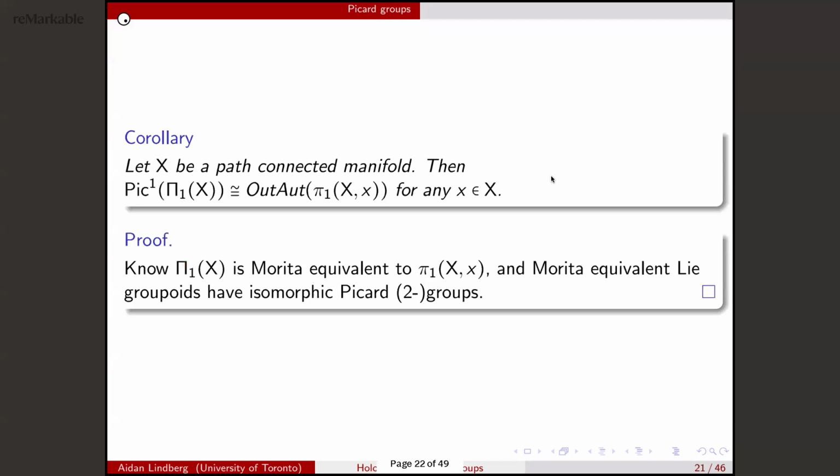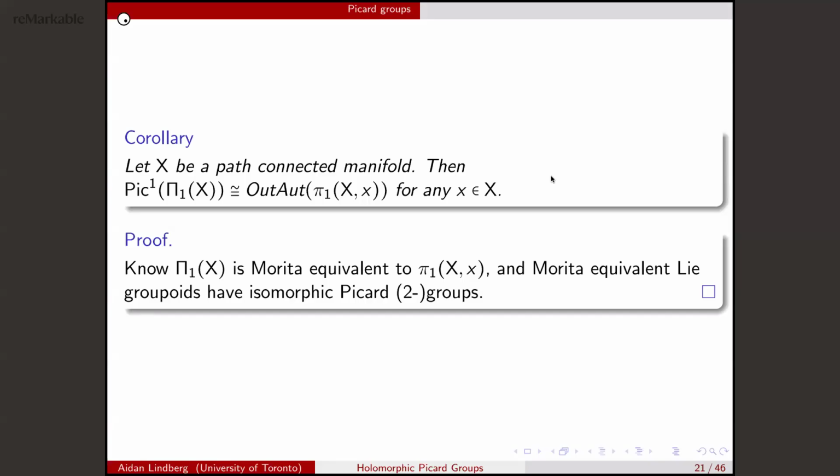Okay, but if we buy that, then we can now already do a computation for a really interesting groupoid, which is saying that the Picard 1-group of the fundamental groupoid of a space, if it's path connected, is just the outer automorphism group of pi1 of X at x, for any x in X. And this is really easy to see now. We saw before that the fundamental groupoid is Morita equivalent to the fundamental group based at x.